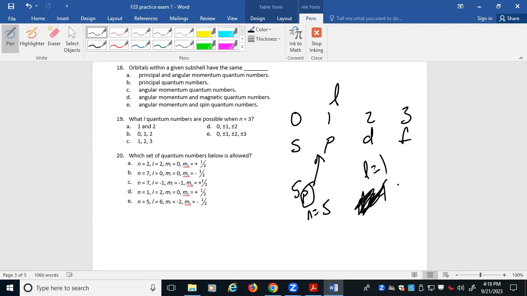The only place where n-1 comes out is if we're looking at questions like this one, where we're trying to figure out if I have a valid or relevant set of quantum numbers. Because in those cases, yes, we start to look at, well, is there such a thing as the 2F sublevel?